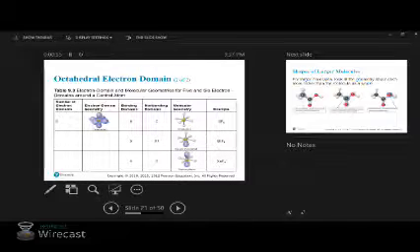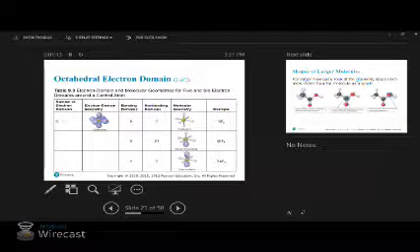The only thing that changes is molecular geometry depending on the number of lone pairs. With one lone pair, square pyramidal. Four bonding, two lone pairs, square planar. So this is the electron and molecular geometry of molecules.